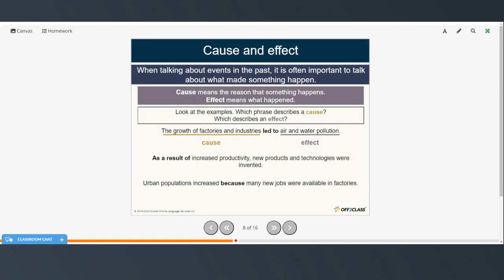All right, so we're going to talk about cause and effect. When talking about events in the past, it is often important to talk about what made something happen. Cause means the reason that something happens, and effect is what happened. So, look at the examples. Which phrase describes a cause and which describes an effect?